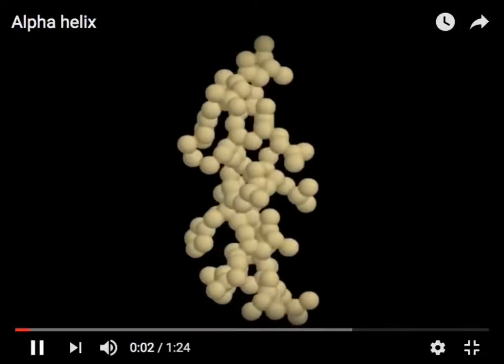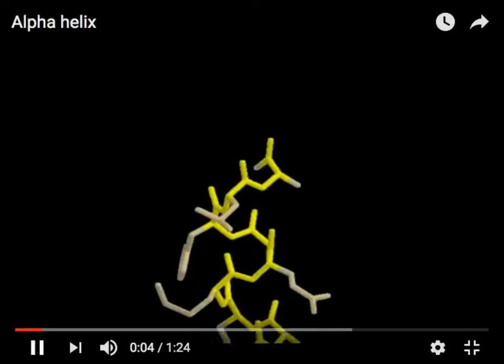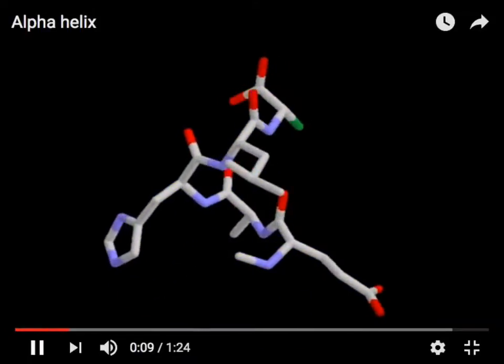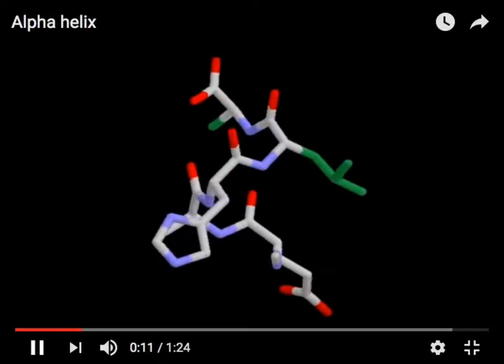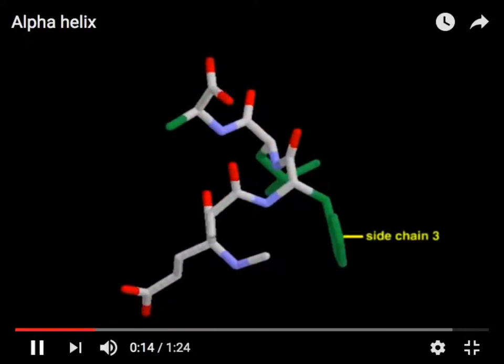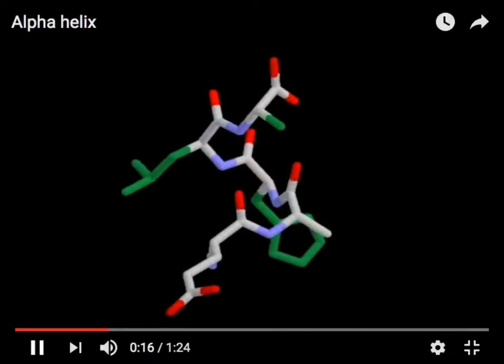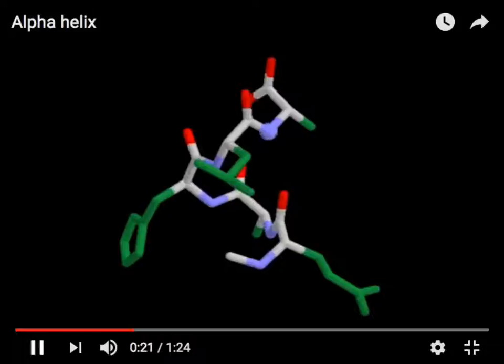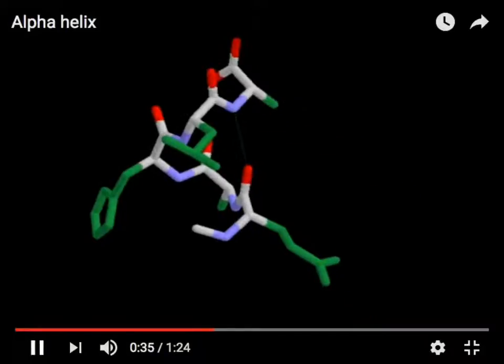Helix is one of the most common secondary structures. Amino acid side chains project outwards from the front of the backbone that forms the core of the helix. The chain is stabilized in this conformation by hydrogen bonds between the backbone amino group of one amino acid and the backbone carbonyl group of another amino acid that is 4 positions away. These interactions do not involve side chains. Thus, many different sequences can adopt a helical structure.